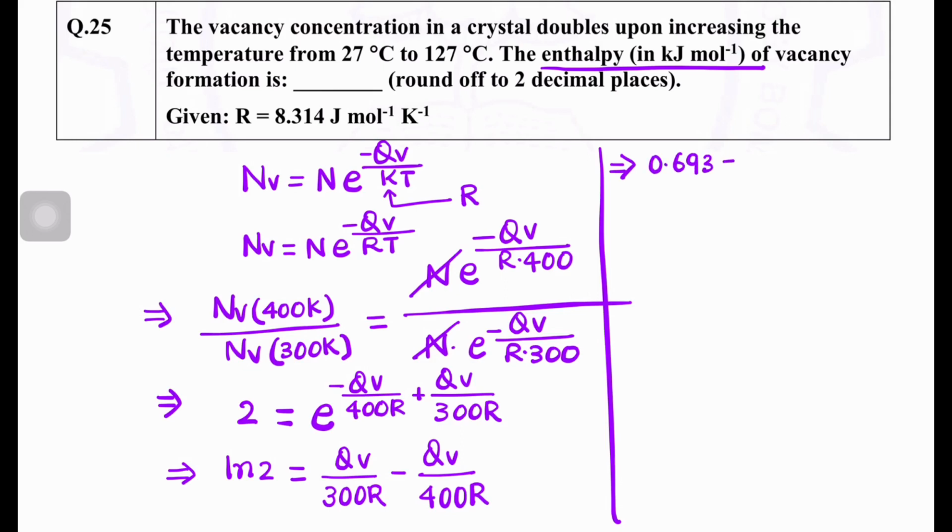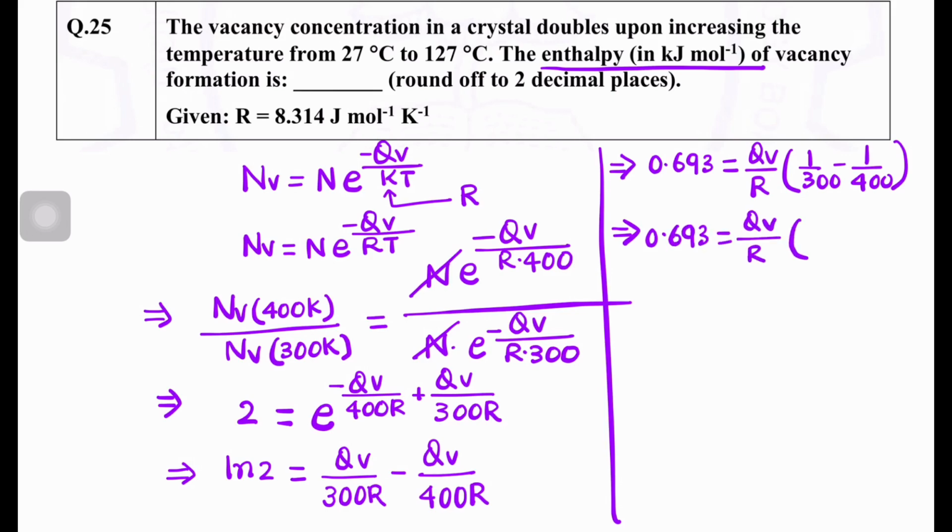Now we can take QV by R as common, so it will be 1 by 300 minus 1 by 400. Now 0.693 equal to QV by R into this value, which is 100 by 120000. So QV will be equal to, and what is the QV?